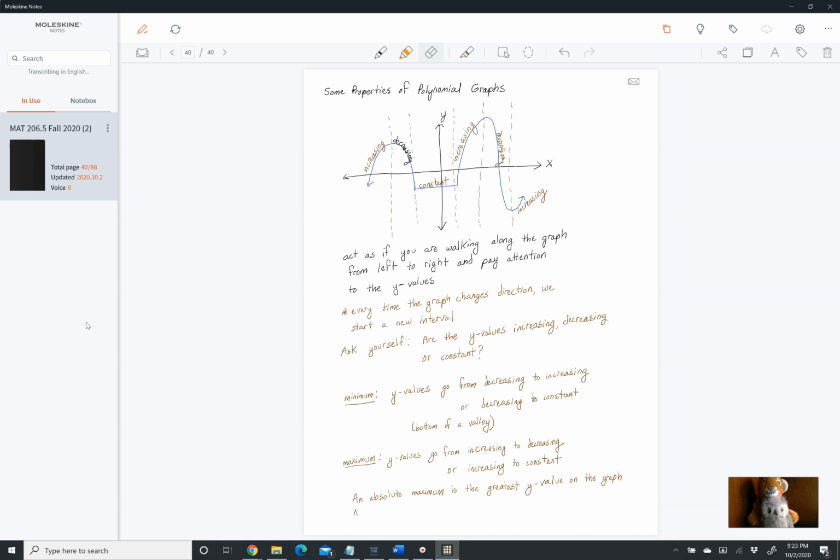Whereas an absolute minimum is the smallest y value on the graph. Sometimes I've seen these called global minimums or maximums, but I'm going to refer to them as absolute. Every other minimum or maximum is called relative.